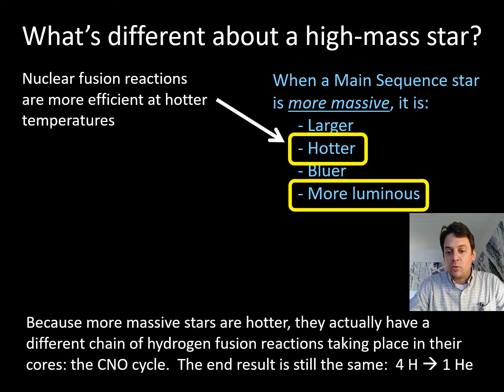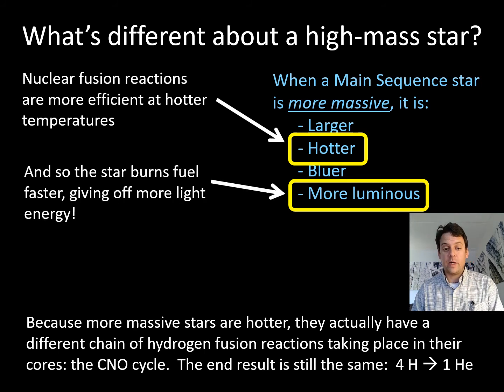We're going to talk in detail about that, but just to give you the bottom line here: while the proton-proton chain is the dominant set of reactions in low mass main sequence stars, it turns out that those reactions, while they still occur in high mass stars, are no longer the dominant ones.